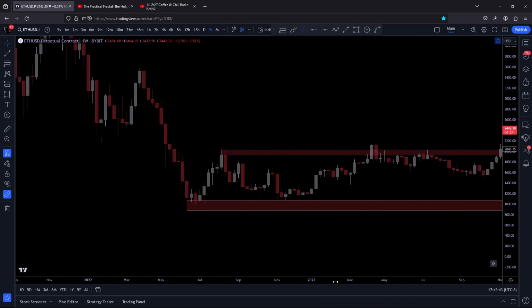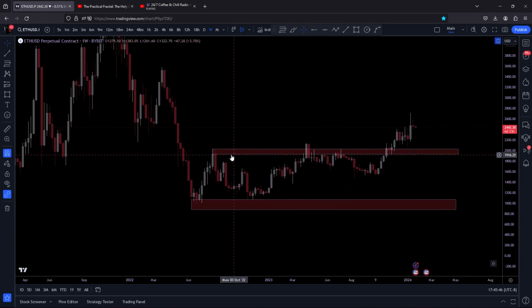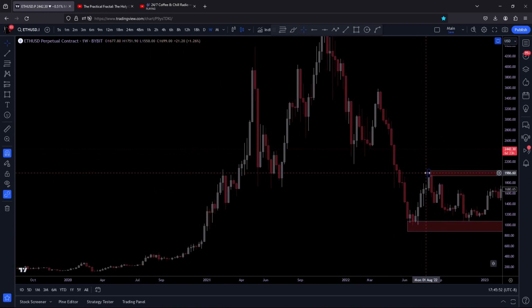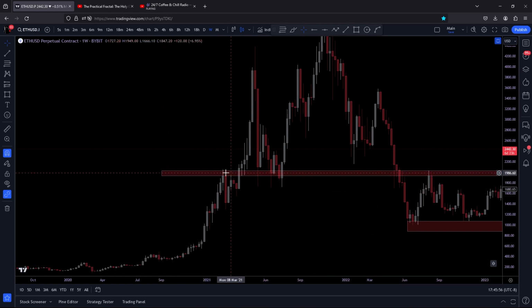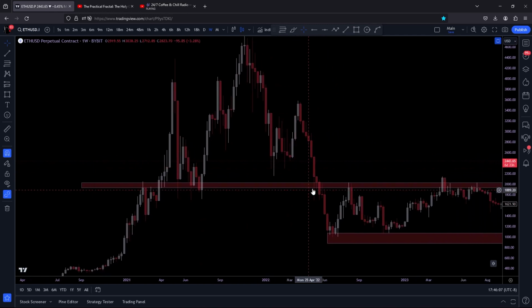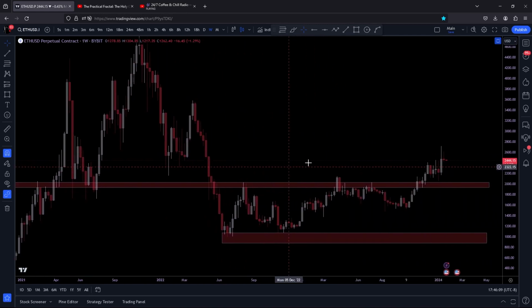But there's a tendency to go back to these levels. I'm not saying they always do, but let's pull this all the way back here. So this was a top, it wicked in here, it came down, that was a support. So do these roles play a significant role later? They could.